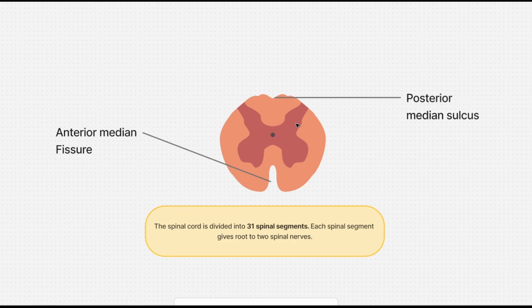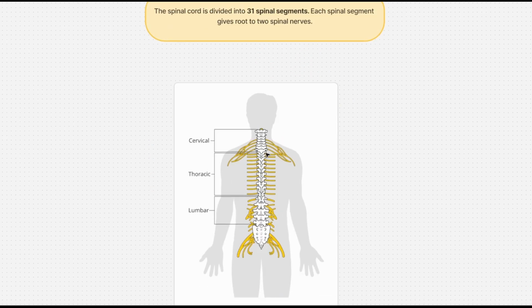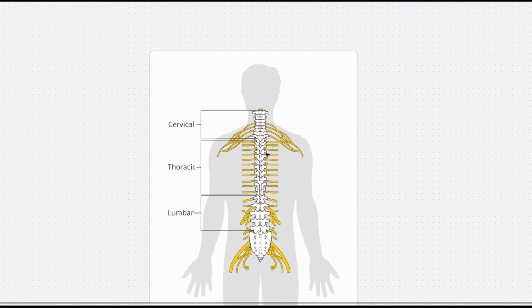Okay, and these are the segments. We said the spinal cord is a cylindrical structure, but it's divided into segments, similar to how the vertebral column is divided into vertebrae. Now, the numbering of the segments is a little bit different from the vertebrae.